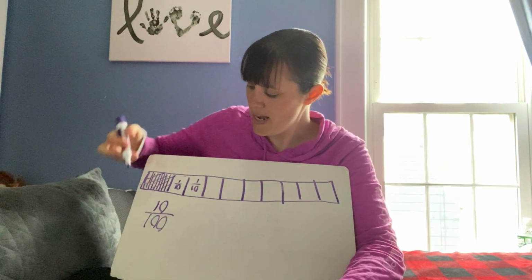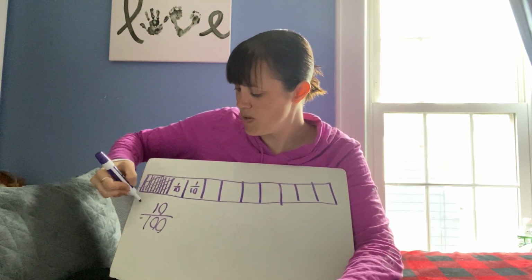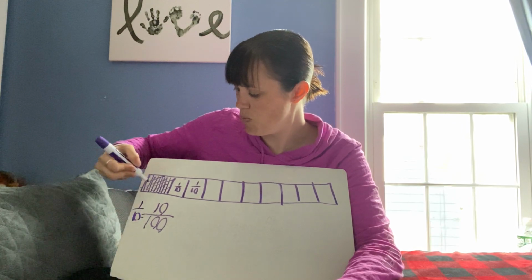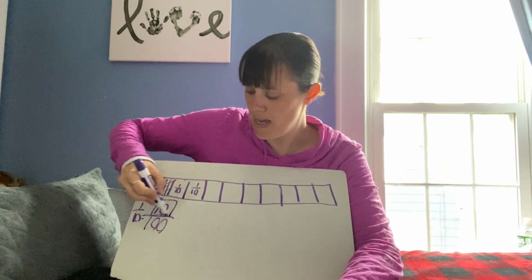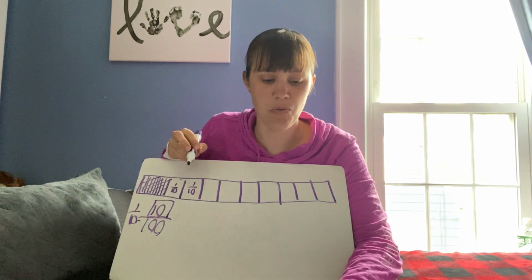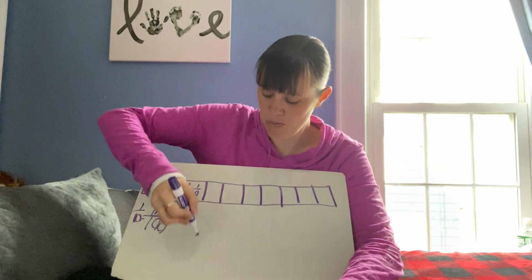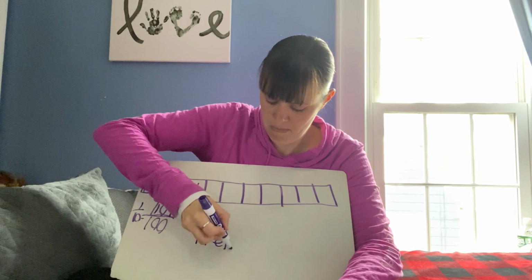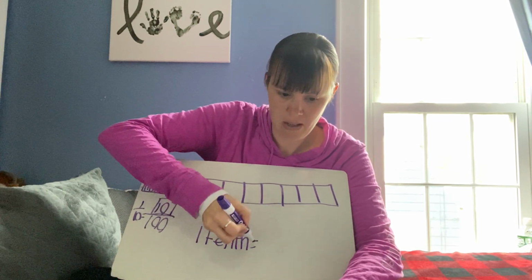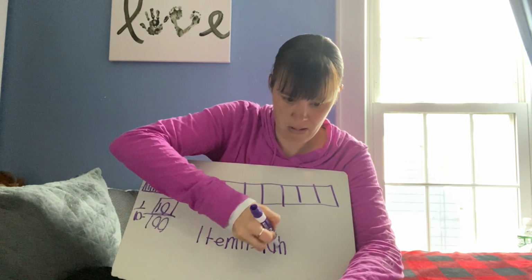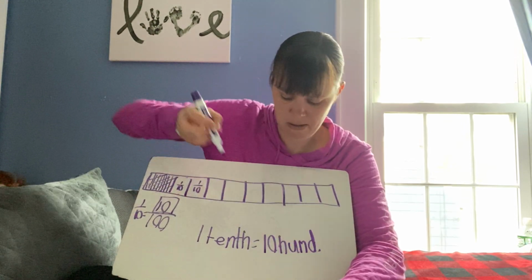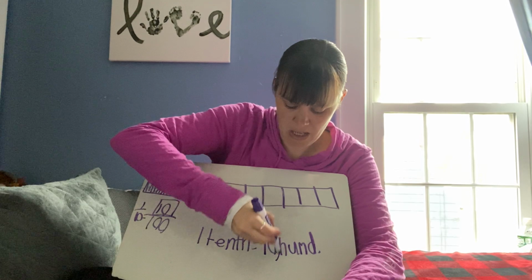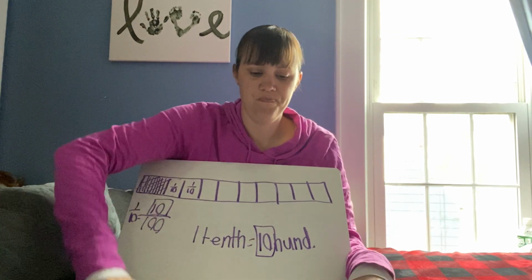So 1/10, but we also know that I shaded in 1 out of 10 of these. 1/10 is the same as 10 hundredths. So all you have to do in number 2, it says 1/10 equals 10 hundredths. And they already wrote that part. So you're just writing in the number 10.